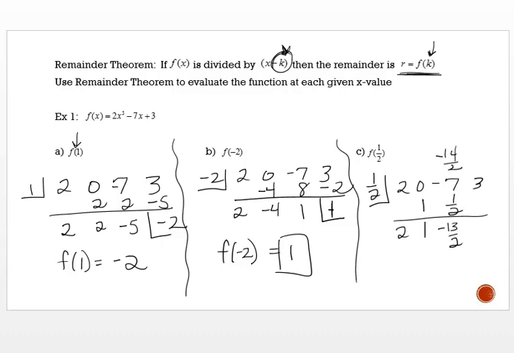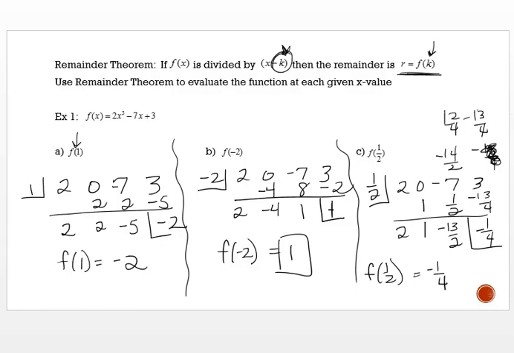Negative 13 halves times 1/2 is negative 13 fourths. All right, so then convert 3 to fourths, that would be 12 fourths minus 13 fourths gives me a negative 1/4. And that's the answer. So f of 1/2 in this equation gives me a negative 1/4.